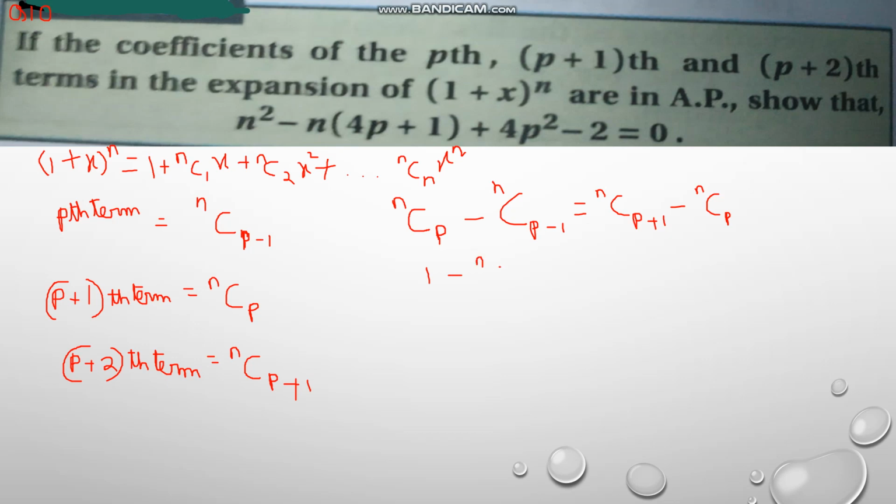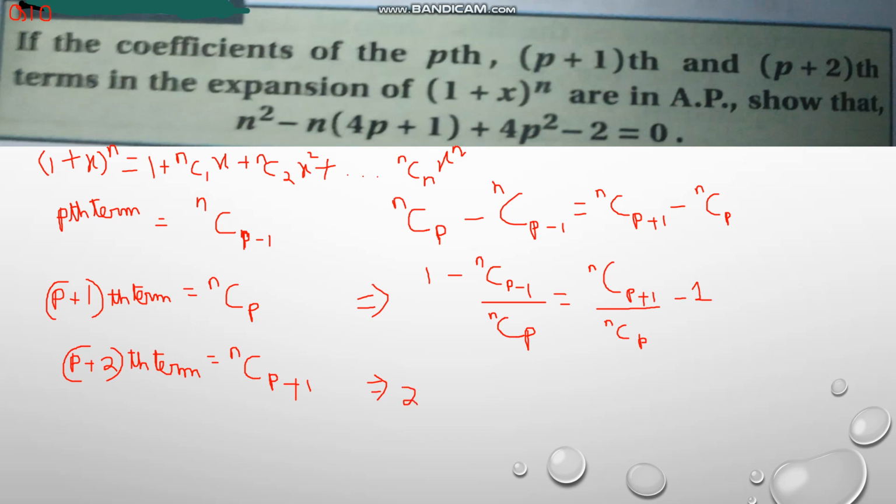So we can write nC(p minus 1) by nCp is equal to nC(p plus 1) by nCp minus... Yeah. Now this implies, so another implies sign. What can we write?